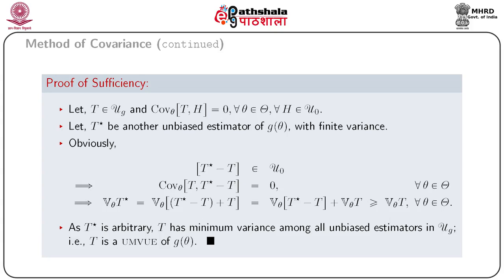Since Var(T* − T) ≥ 0, it follows that Var(T*) ≥ Var(T) for all θ. Since T* is arbitrary, T has the minimum variance among all unbiased estimators of g(θ), that is, T is a UMVUE of g(θ).